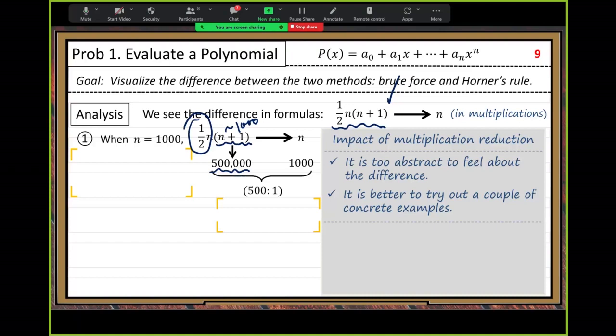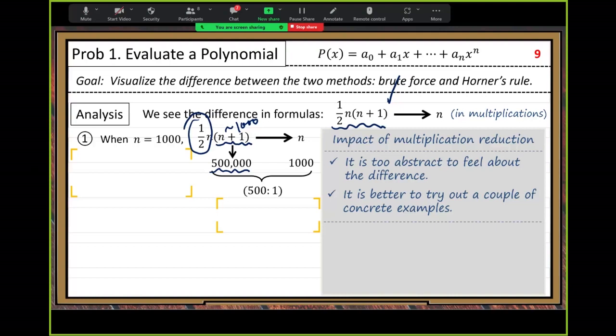All right. Now you can see the ratio is 500 to 1. That's quite big, right? The Horner's rule method only used execution time that is 1/500th of the response time used by the brute force method.